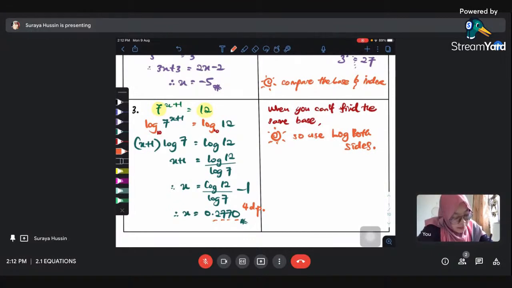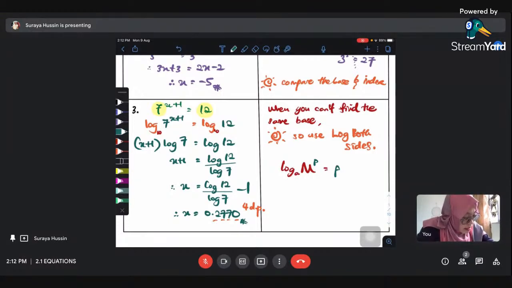Okay, dekat sini saya recap sikit ya. Saya nak recap macam mana saya apply formula. I'll do it here. Okay, the formula that I'm using is actually log base A of M^P. Tak silap saya lah, sebelum ni saya guna M to the power of P kan. And then I bring the power P down.